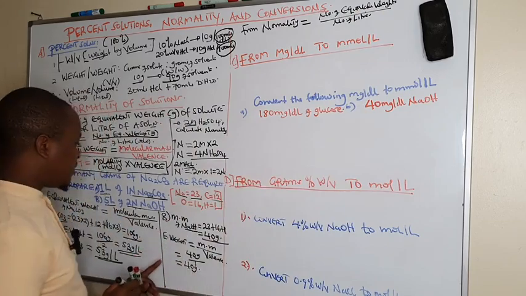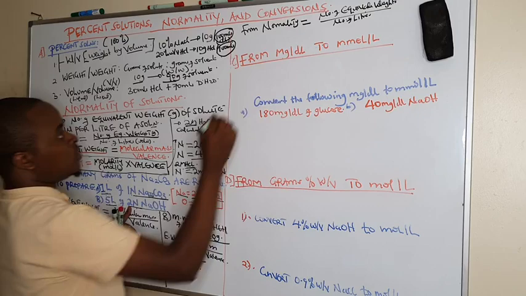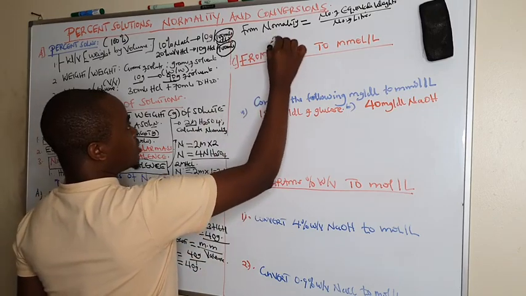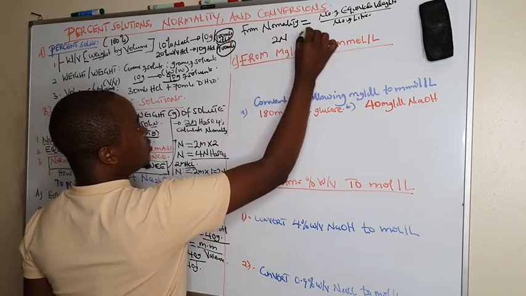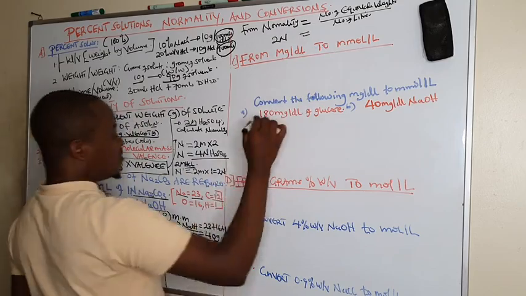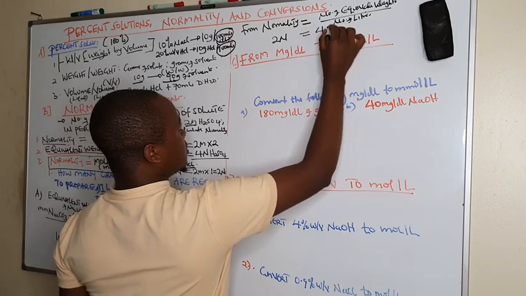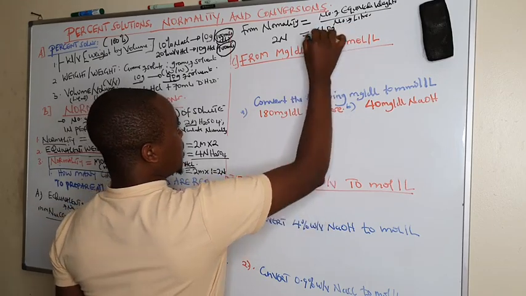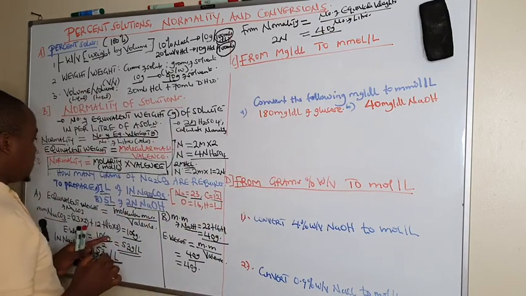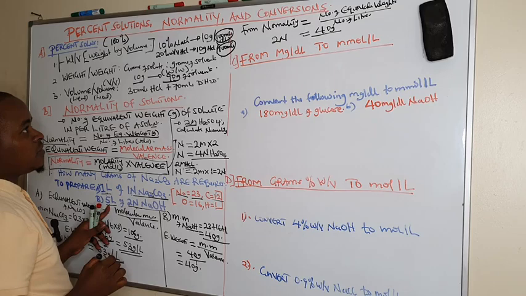Our normality is given as 2 normal. So where there is normality, we are going to substitute. So 2 normal is equal to number of equivalent weights. How many are they? They are 40 grams. And we divide it by number of liters.